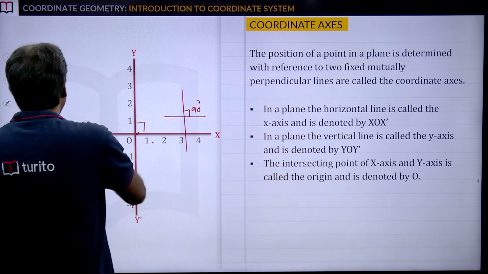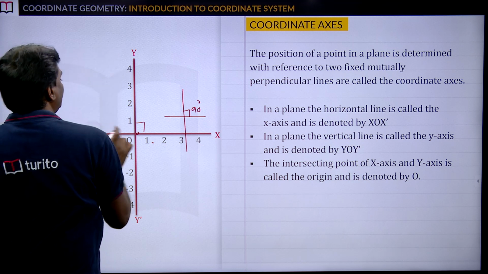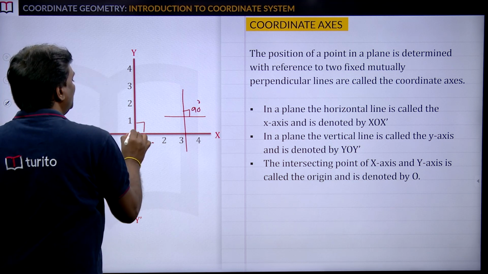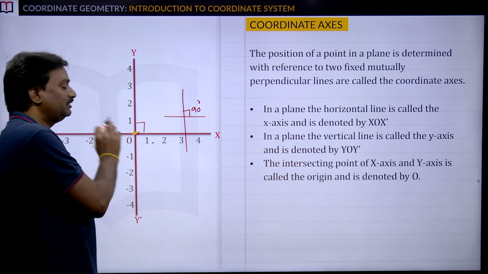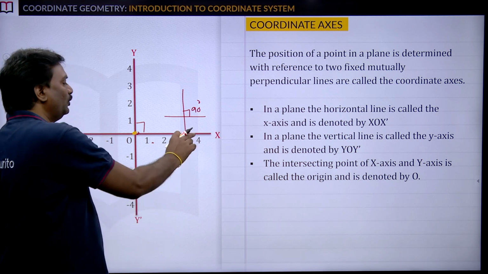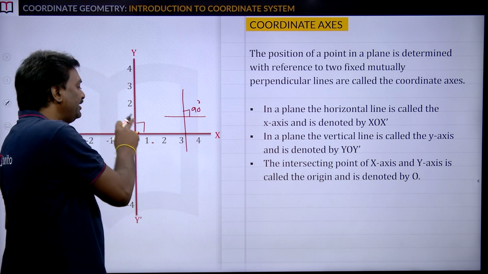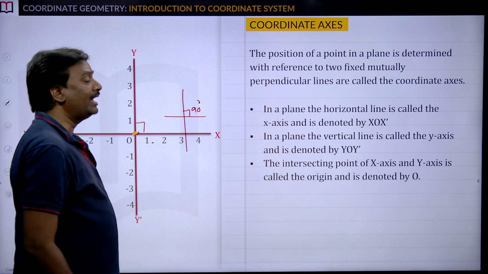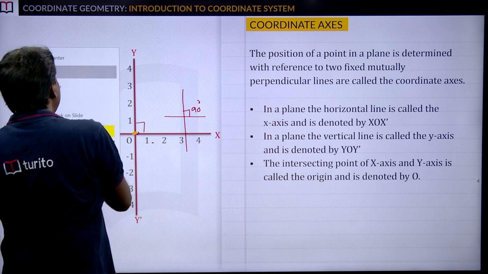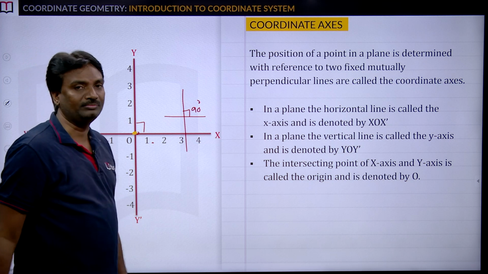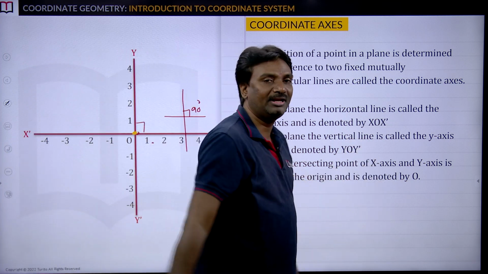By observing this yellow point, this is the point of intersection of two lines x O x dash and y O y dash. This is known as origin, and origin is denoted by capital O.